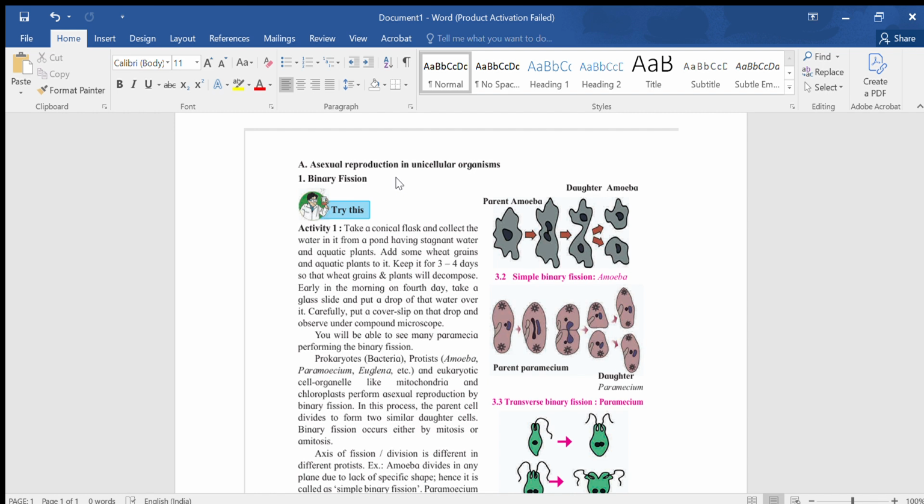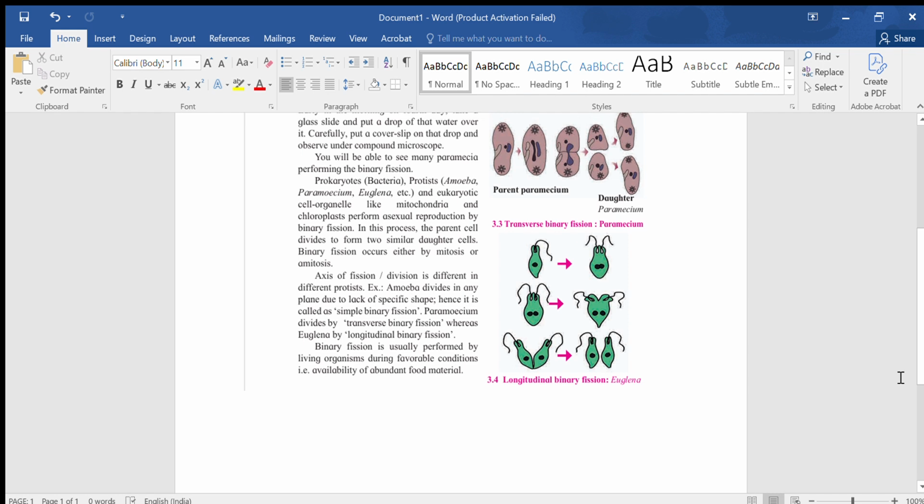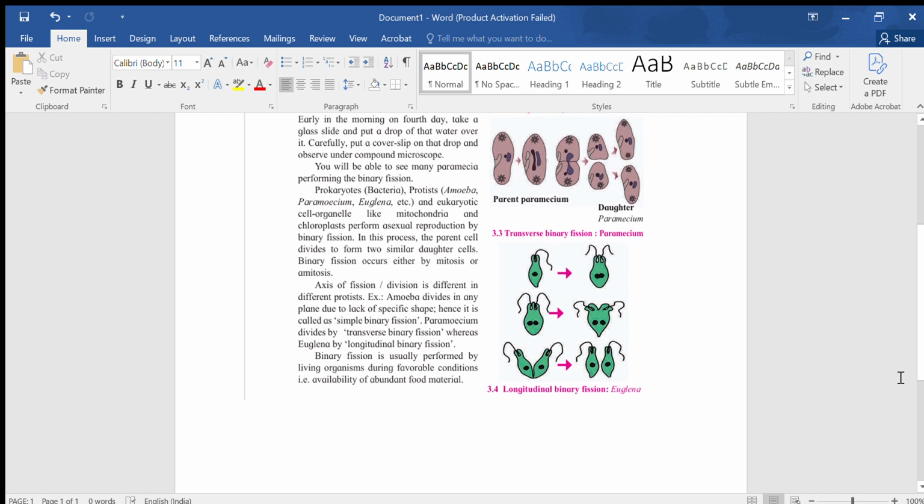So they perform binary fission to produce a new cell, and it is basically asexual reproduction.